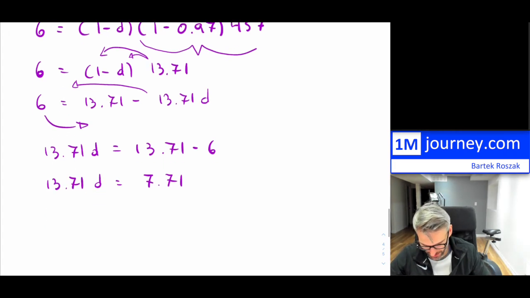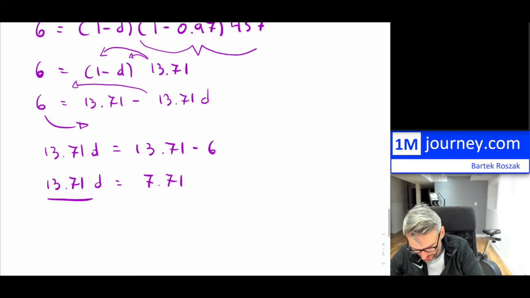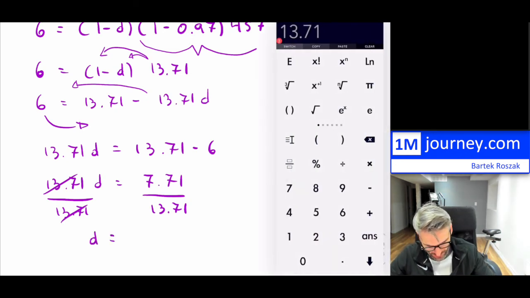Okay, so that's what we have there. Divide both sides, that's gone, and it gives me 7.71 divided by 13.71.